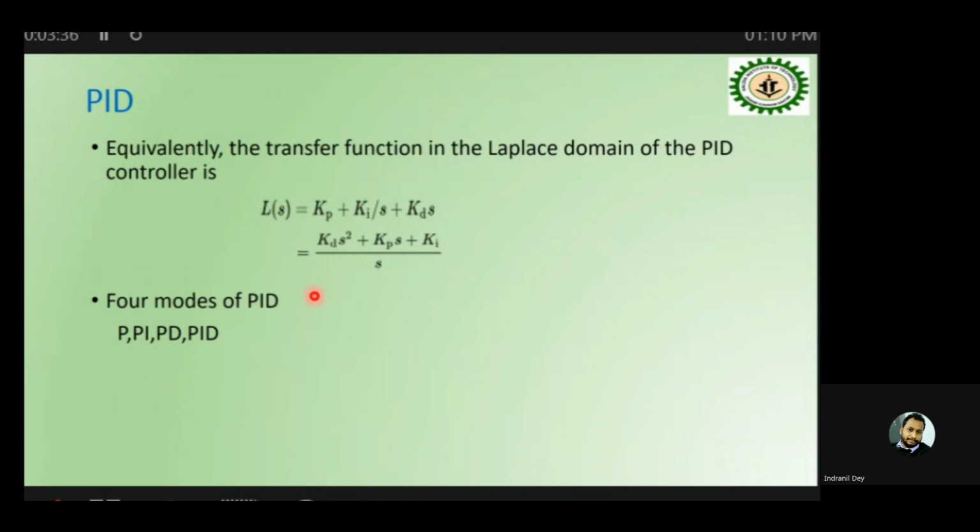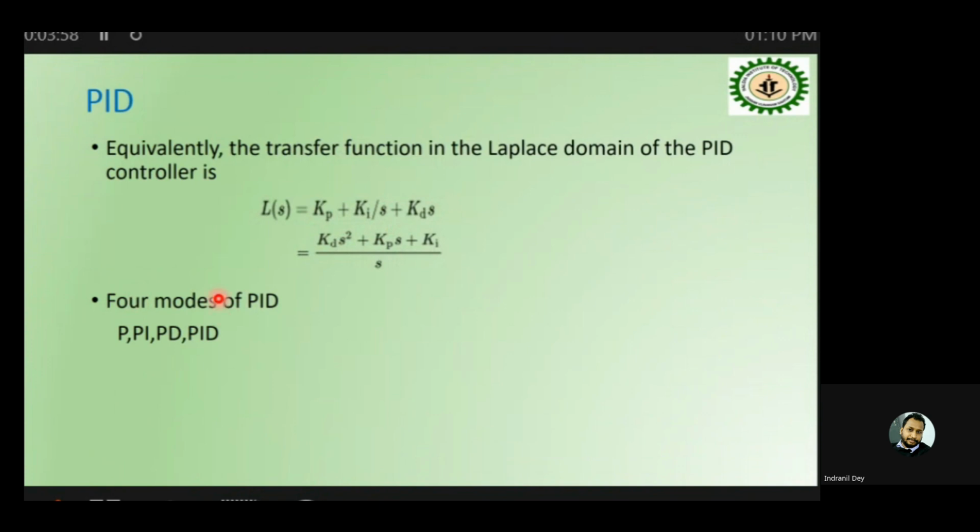It will be the ratio of these two, and it will give you in the Laplace domain Kp plus, for the integrator, 1 by s, and for the differentiator it is s. So finally it will look like this: (Kd s square plus Kp s plus Ki) by s. This is the final transfer function for our PID controller.